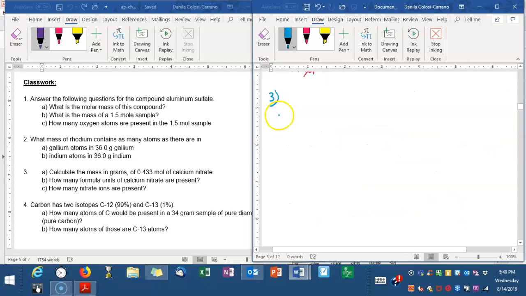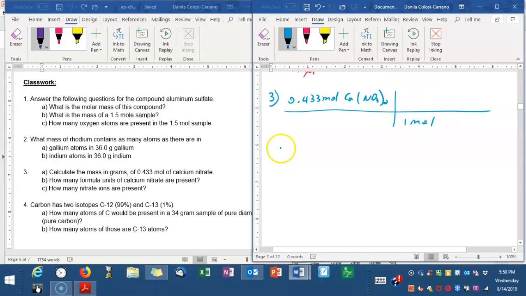Grams. Calculate the mass in grams of 0.433 moles of calcium nitrate. So first of all, the mass of this. 1 mole has a weight of, well, you got to calculate it.